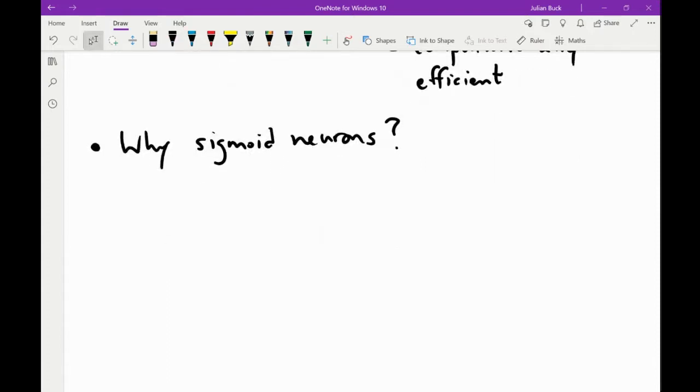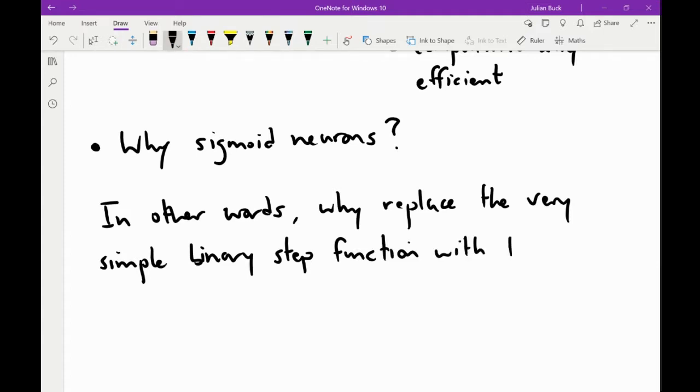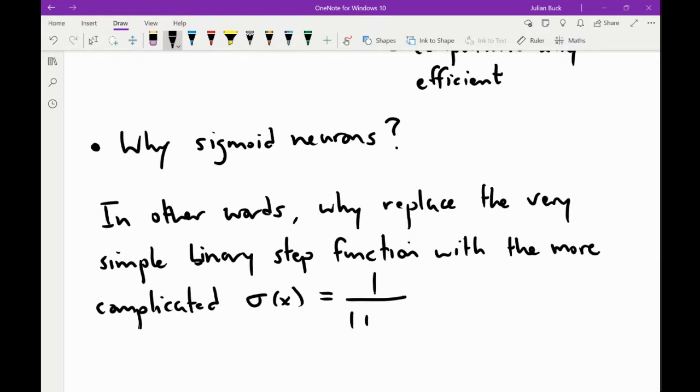So when I say why sigmoid neurons, in other words, expanding on what that means: why replace the very simple binary step function with the more complicated sigma of x logistic type function, 1 over 1 plus e to the negative x?